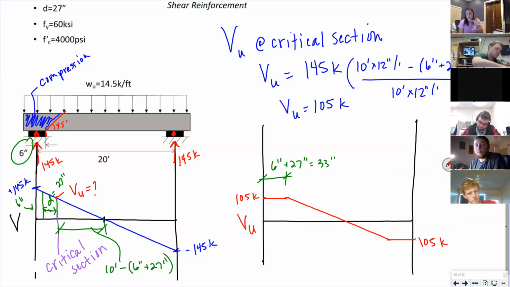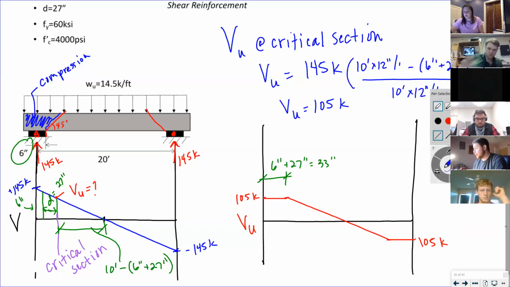We drew our shear diagram. We get to take it a little bit from the face, 6 inches to get to the face, and then another 27 inches, d, to get to our critical section, because we're allowed to do that since our beam is being loaded from the top. Similarly on the other side, this is all in compression on the ends instead of shear.